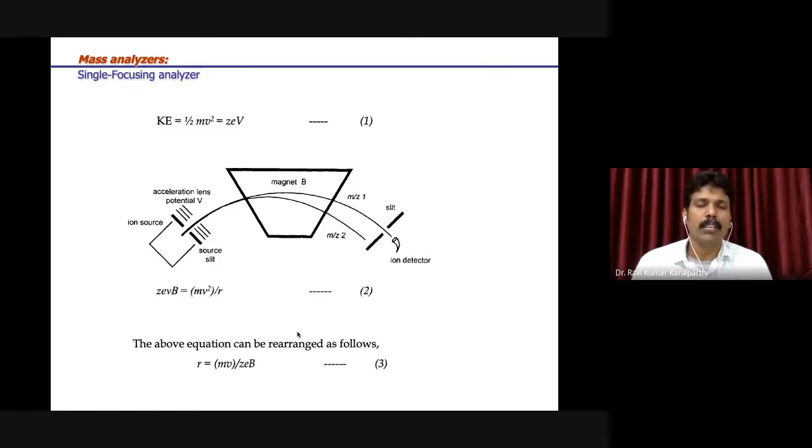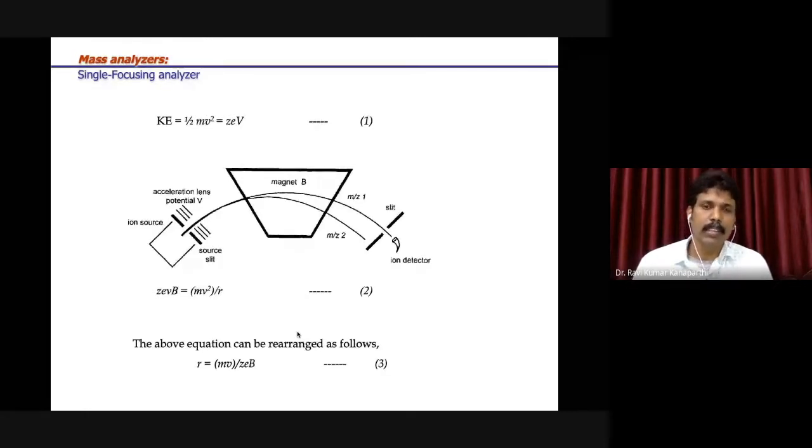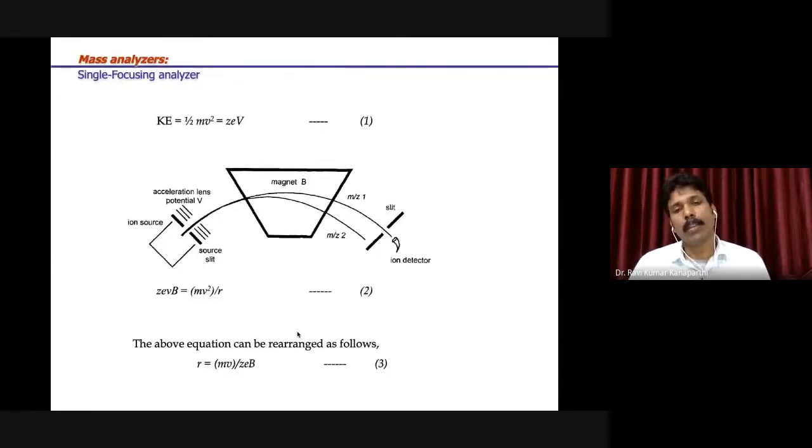That was the starting point of the mass spectrometer in the older days.